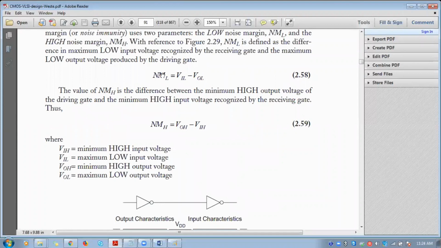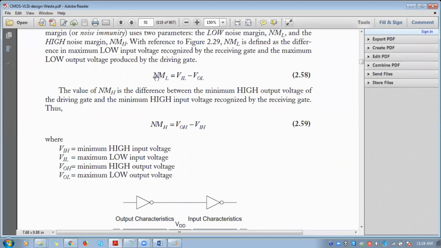For calculating low noise margin, they consider the low input voltage of the receiver and the low output voltage of the sender. The first inverter acts as the sender, and the second one is the receiver.